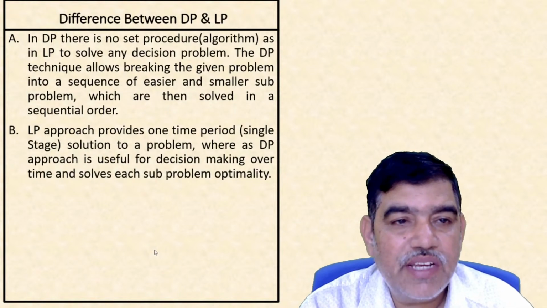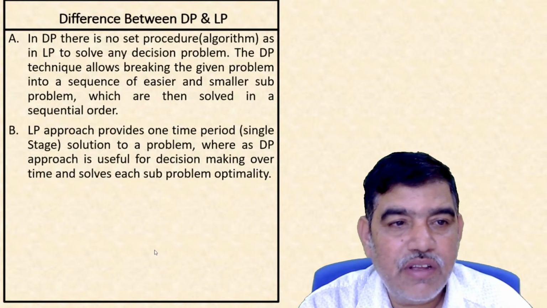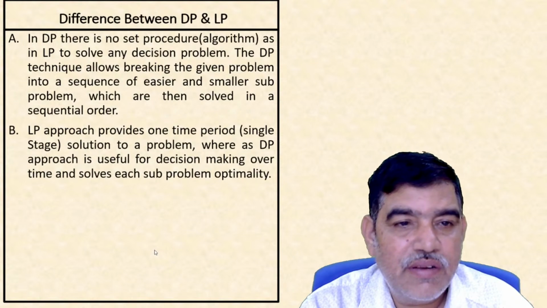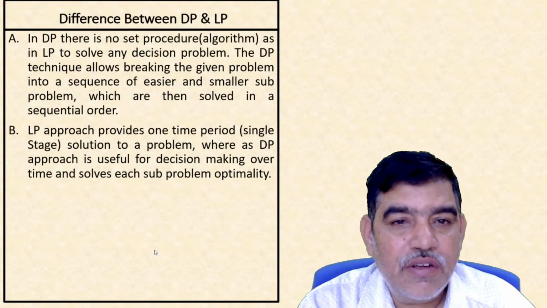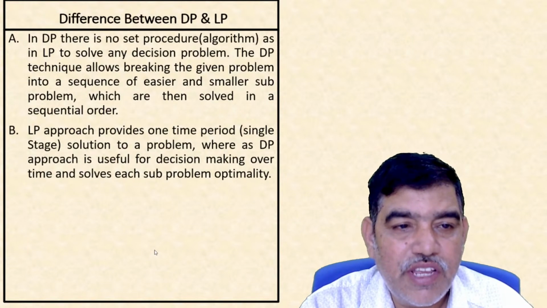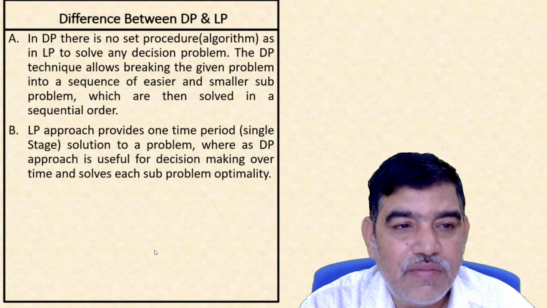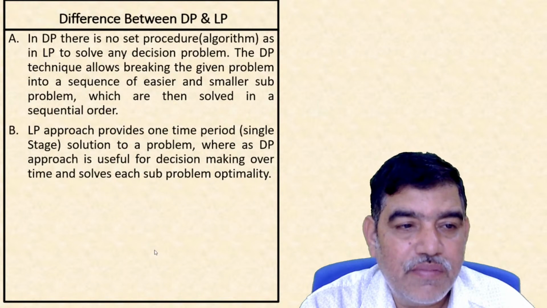The dynamic programming technique allows breaking the given problem into a sequence of easier and smaller sub-problems. What is the meaning of this? The entire problem is broken into smaller, easier sub-problems, which are then solved in sequential order.